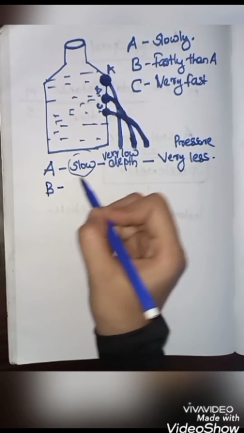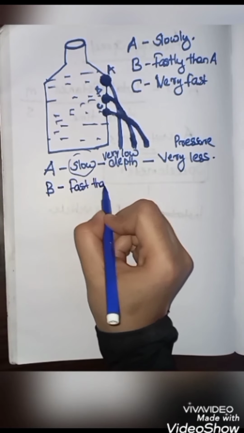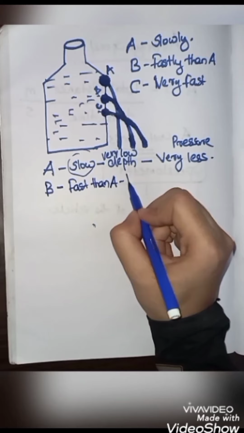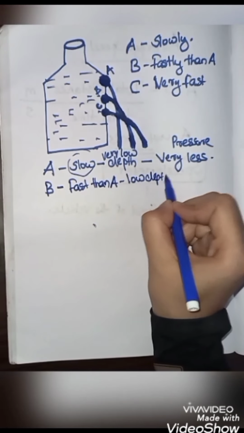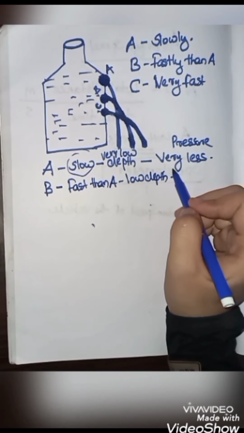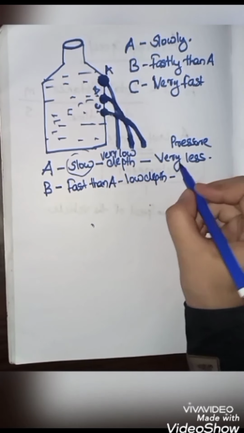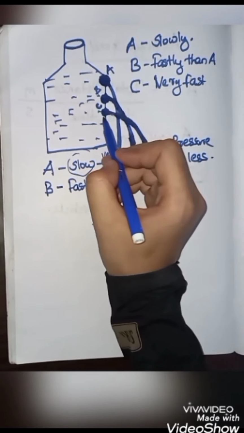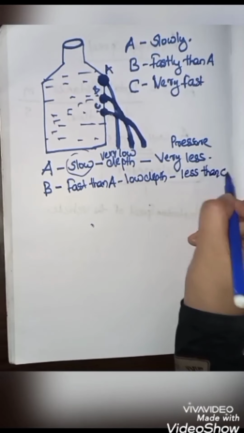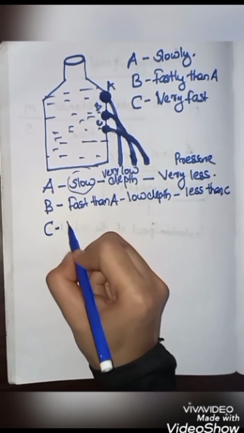Then at B, it moves faster than A. Here it is at a low depth, and the pressure exerted is less than that of C. Then at C, the water moves very fast.